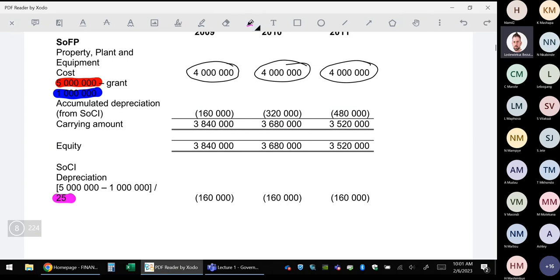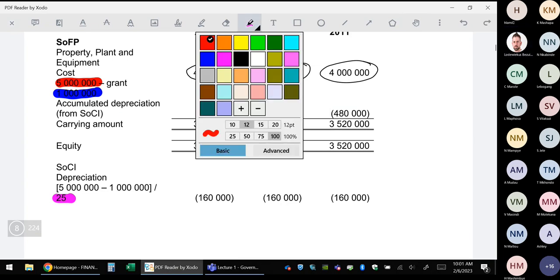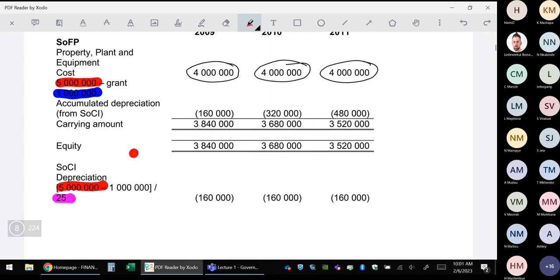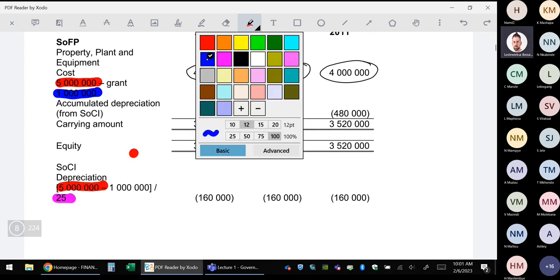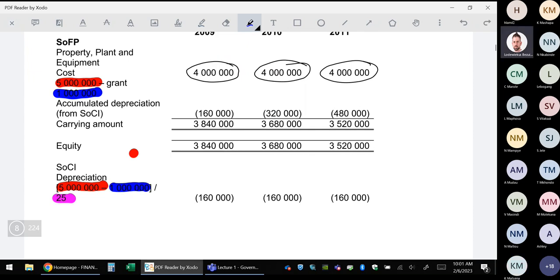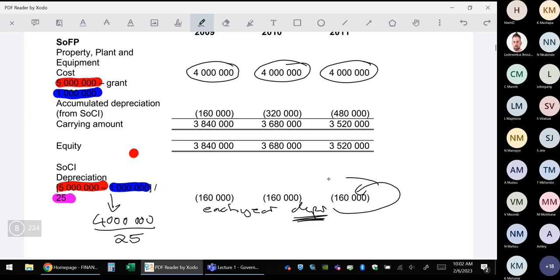5 million less the grant of a million gives me the depreciable amount of 4 million, and we divide that by the useful life of 25 years. So each year, the depreciation is now 160,000.